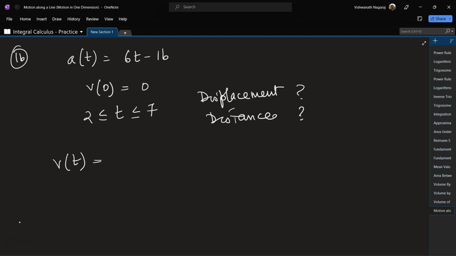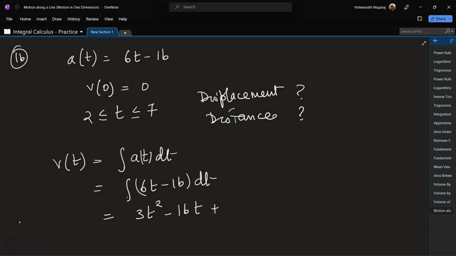So v of t is equal to integral of a of t dt, which is equal to integral of 60t minus 16 dt, which is 6t square by 2, that is 3t square minus 16t plus c1. Now v of 0 is equal to 0, which means c1 will be equal to 0.